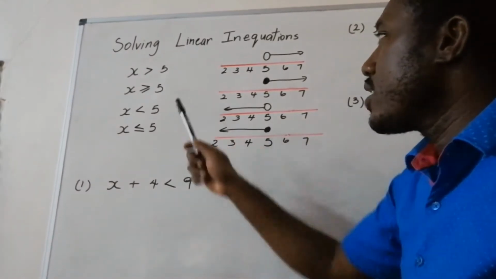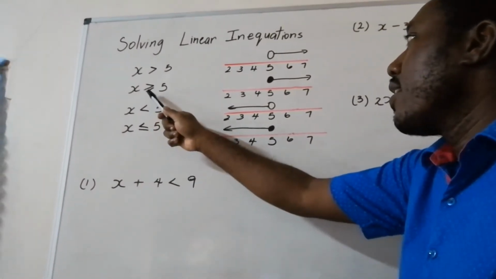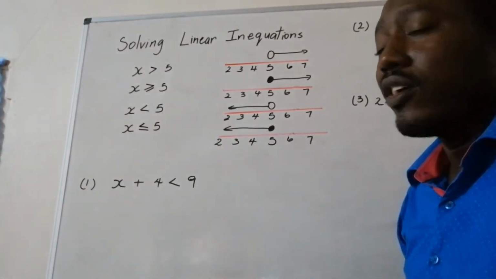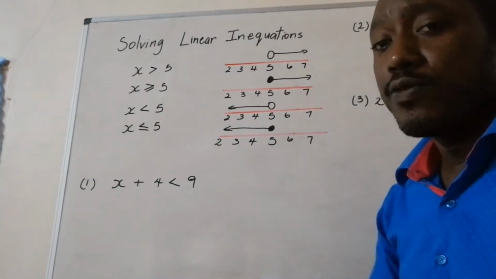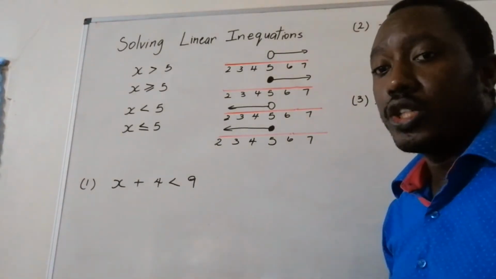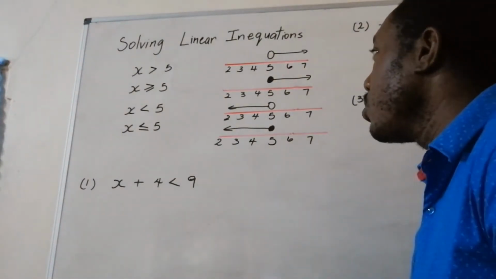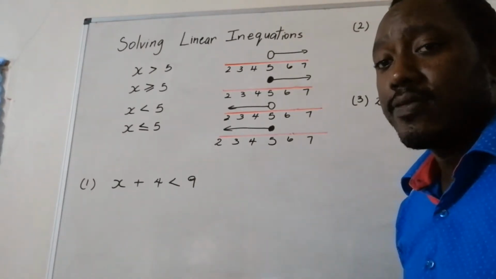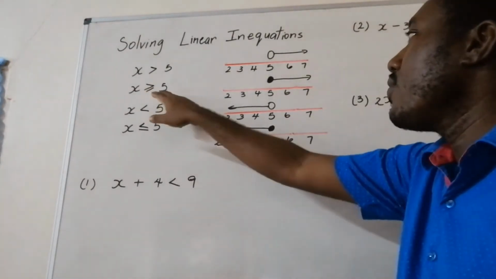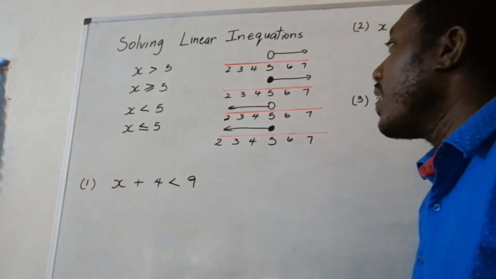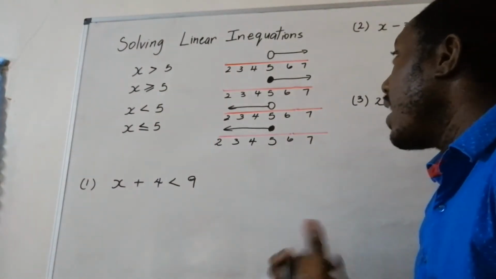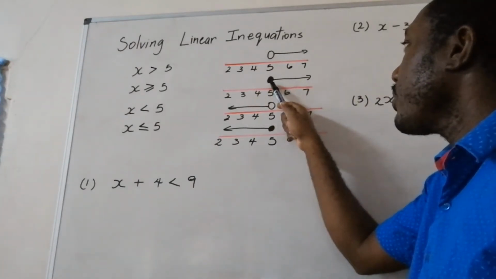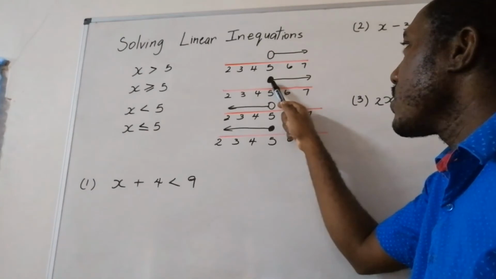Now, in this case, we have x is more than or equal to 5. That means 5 is a part of the solution set, or 5 is a part of the range of values that will satisfy the equation. And we represent it like this on our number line, where notice, for this one, we color the circle.